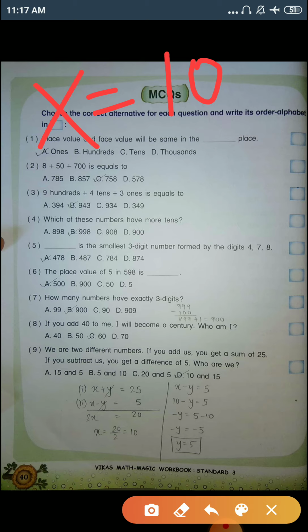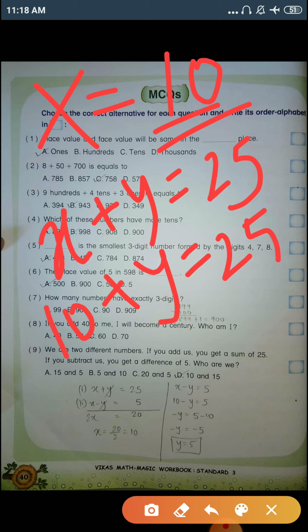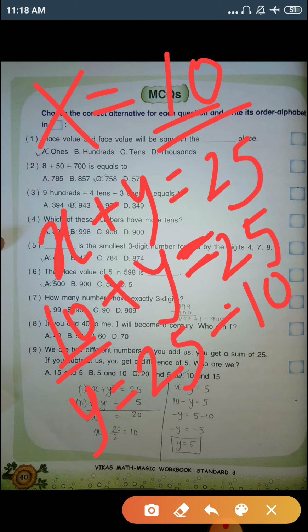Now we are going to find the value of y. Suppose we had taken x plus y equals 25. Now the value of x is 10. That means 10 plus y equals 25. So y equals 25. Now this 10 is in addition form, so it will convert to subtraction when we transfer it to the other side.